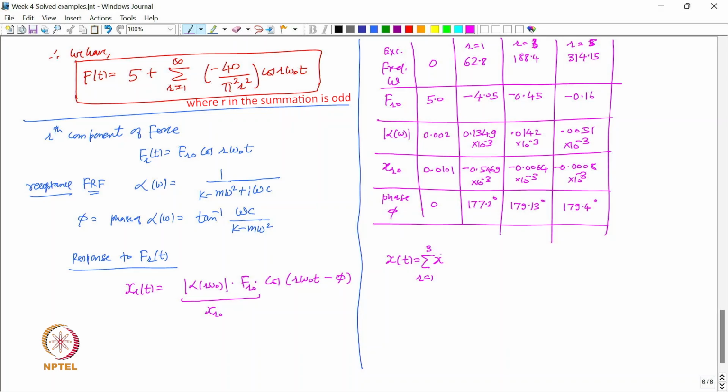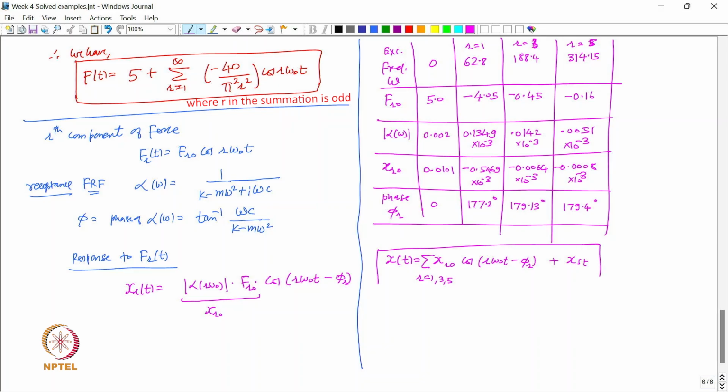In this case we use the values r equal to 1, 3 and 5, three values, and then I can write x_r0 cos(r omega naught t minus phi_r), because it is for the particular component, plus the static component x static, which is r equal to 0.